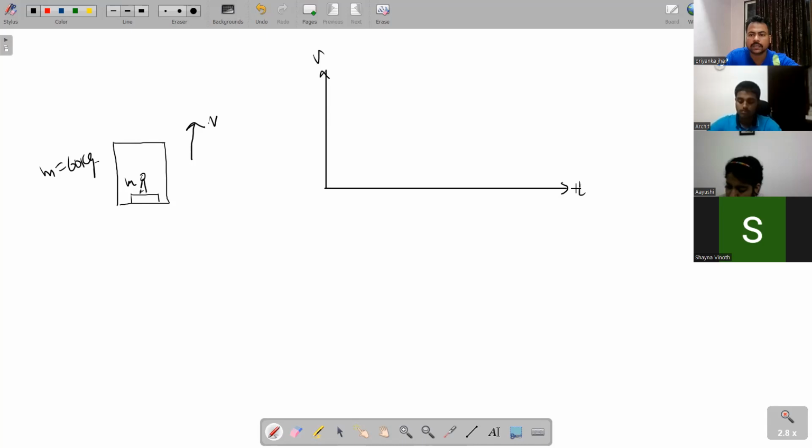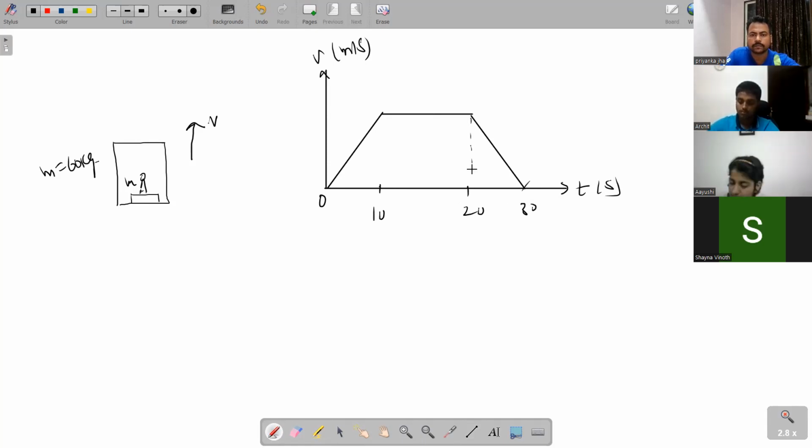This is v and this is t. Velocity is in meters per second, time is in seconds. So this is 0, this is 10, this is 20 and this is 30. And the maximum speed that it can have is 20.